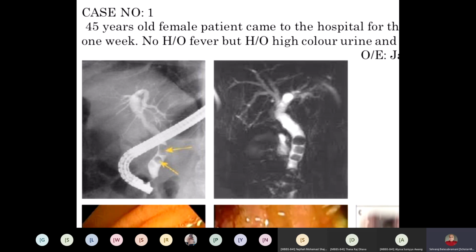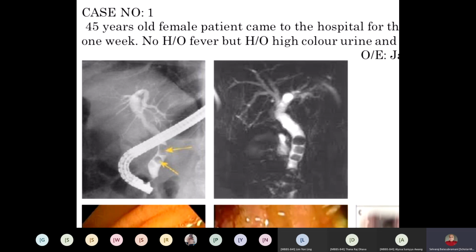Why are you saying figure 2 is MRCP and figure 1 is ERCP? What is the difference you are seeing there? Because there is no endoscope. Very good. In figure 1, you are seeing the endoscope; in figure 2, you are not seeing any endoscope.